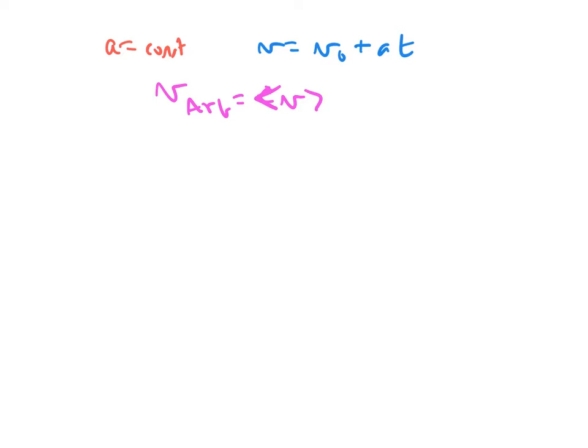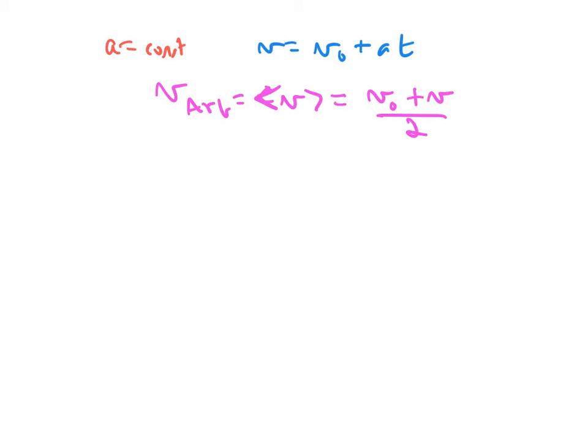Alright, so as a reminder now, we have a is some constant, and v is v0 plus at. In the special case where the acceleration is constant, we'll also have that the average velocity is the so-called mean velocity, where the mean is what you're used to from what we usually call average in other math classes, where it is basically the initial velocity plus the final velocity over 2.